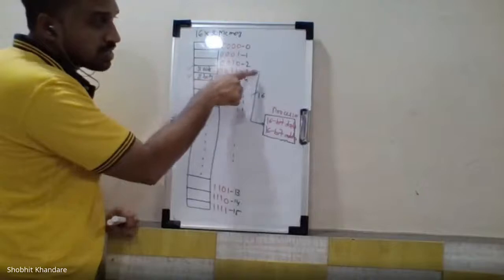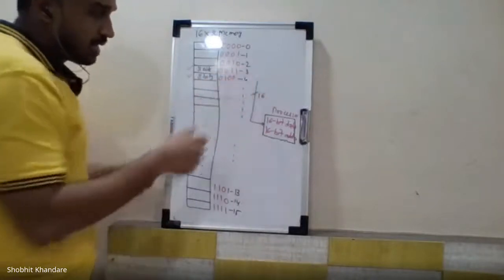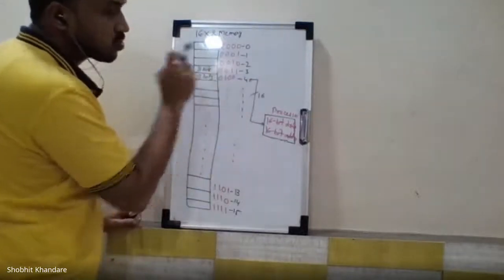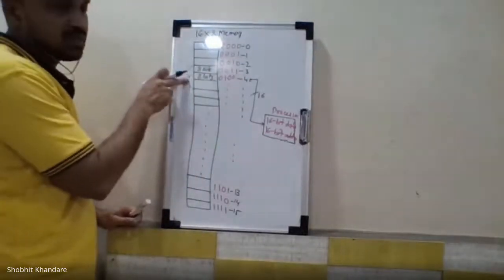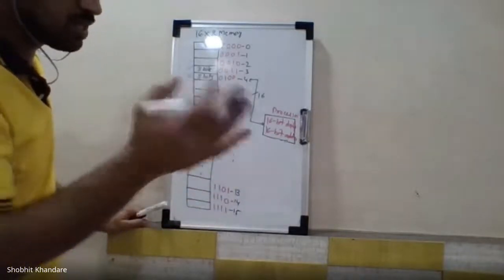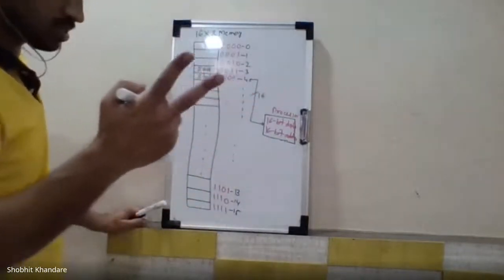Now it will point to 0100, so that it takes the next 8 bits. So how many memory reads do you require? You require 2 memory reads.